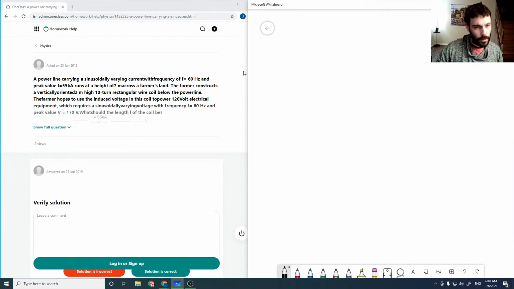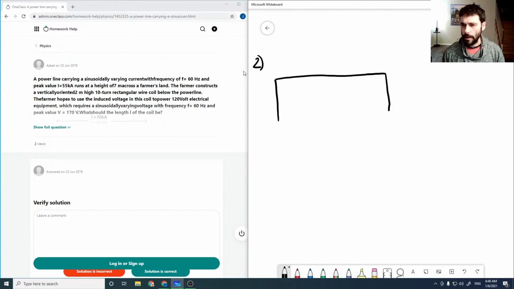So our second one here, I'm definitely going to have to draw. Okay, so we've got a power line with a line running, and that's 7 meters.